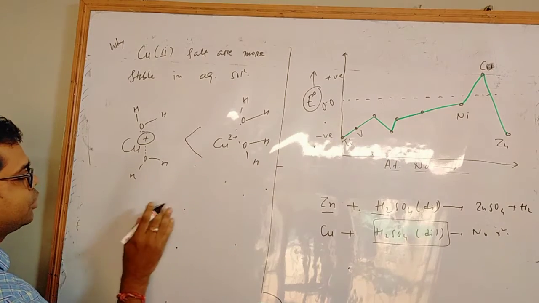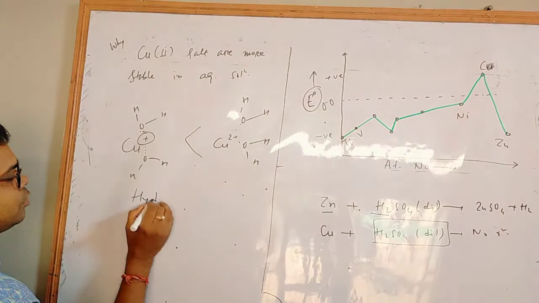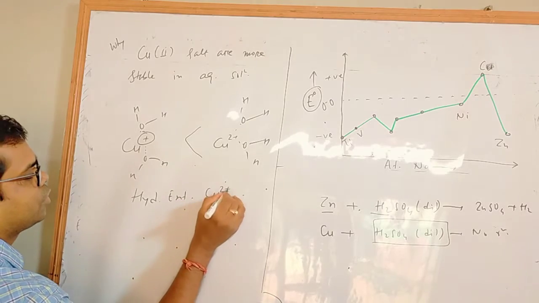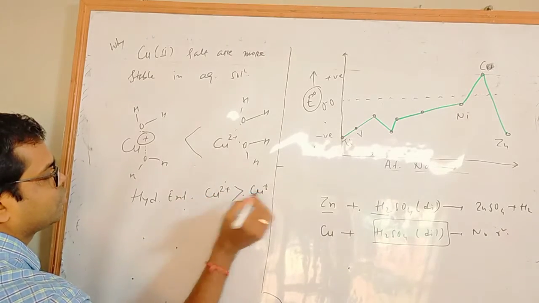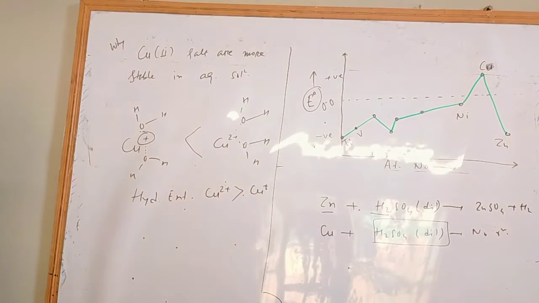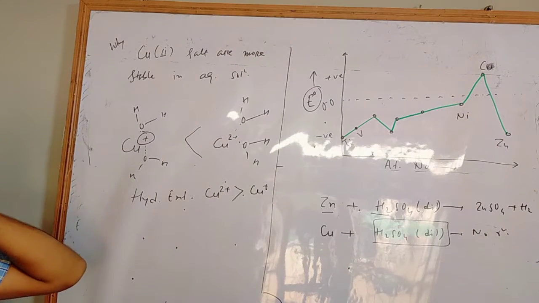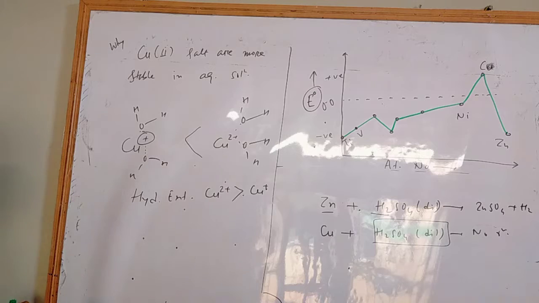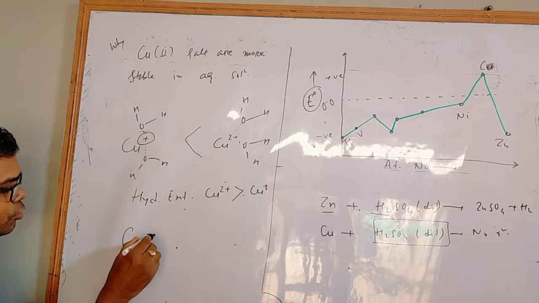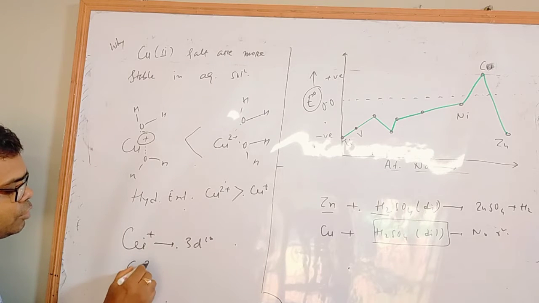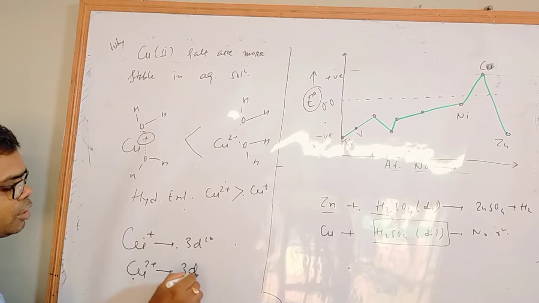So you can say that the hydration enthalpy of copper dipositive is greater than that of copper monopositive. Consider the configurations: copper positive is 3d10, but copper 2 positive is 3d9.